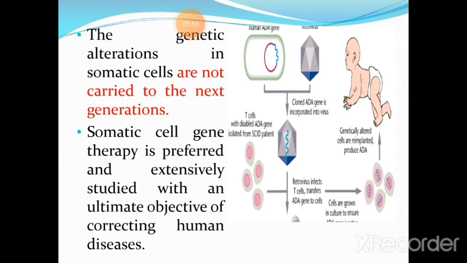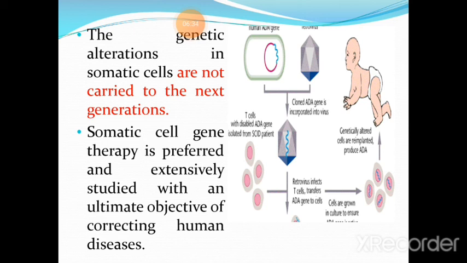Now, this good gene, functional ADA gene, can always be cloned into a virus. So that you will get a cloned ADA gene which is incorporated into virus, and then this viral vector can be treated with disabled T cells which are disabled with ADA gene isolated from SCID patient. The patients will have their T cells.